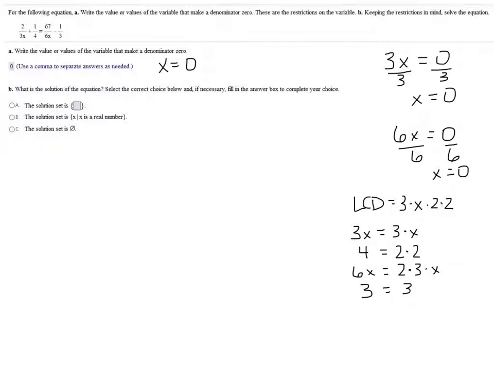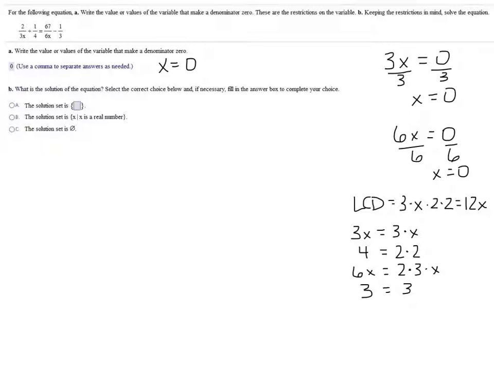And then when I look at my third number in my list, I have 2 times 3 times x. Well, I have a 2, I have a 3, and I have an x, so I don't need any part of this. And then when I look at the 3, I already have that, so I don't need any part of that. So this is my lowest common denominator. And when I multiply it out, I get 12x.